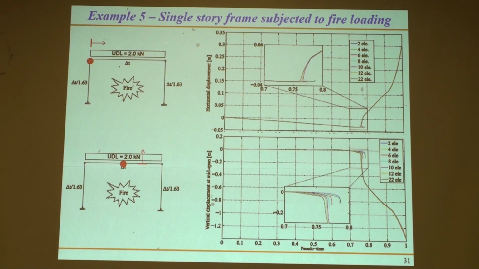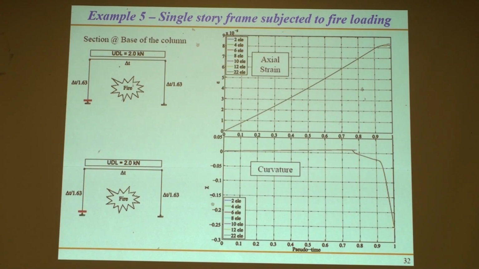It has to do with the fiber, but also with the co-rotation, with the geometry that you're trying to capture. Only with increasing the number of elements, after 8 elements, we're actually able to get convergence and have this analysis go on until the end.